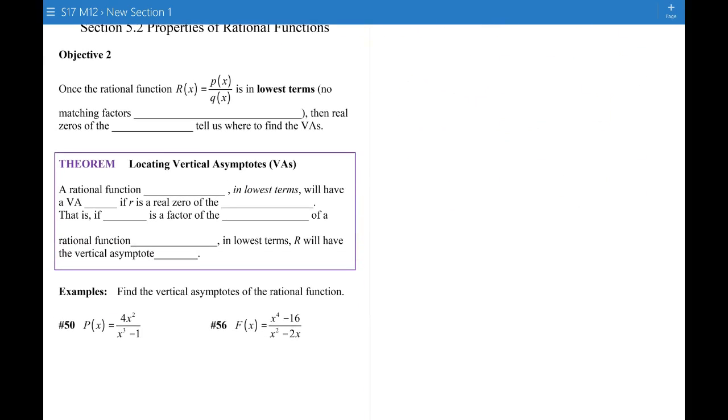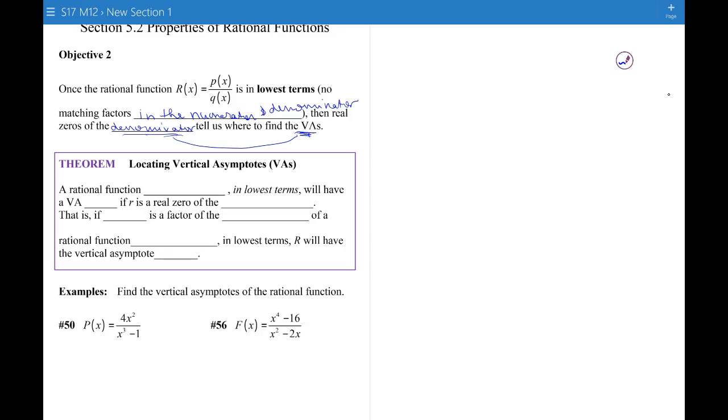So once the rational function is in lowest terms with no matching factors in the numerator and denominator, so you got to make sure and look for that, then real zeros of the denominator tell us where to find vertical asymptotes. So denominators go with vertical asymptotes.